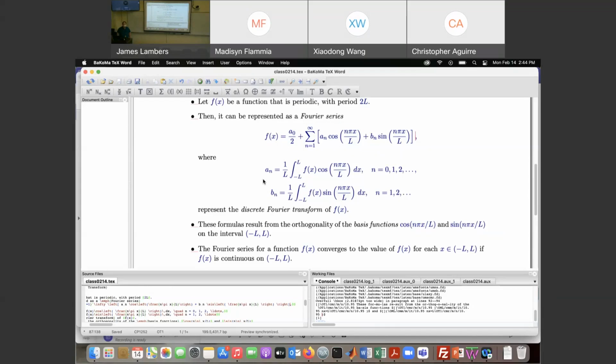So the Fourier transform takes your function from physical space to frequency space. And then forming the Fourier series takes you back. If you're starting with the coefficients, you carry out this formula, and then you have your function f in physical space again.